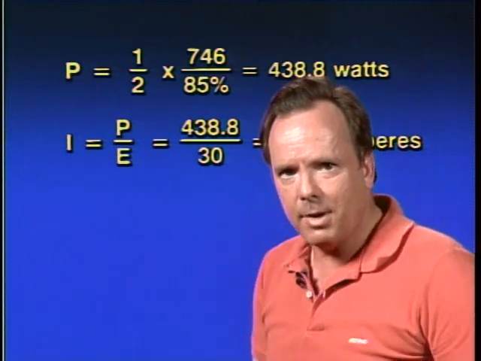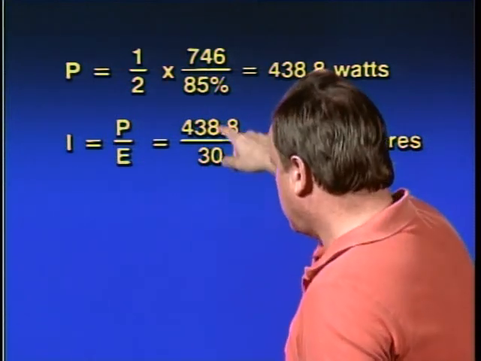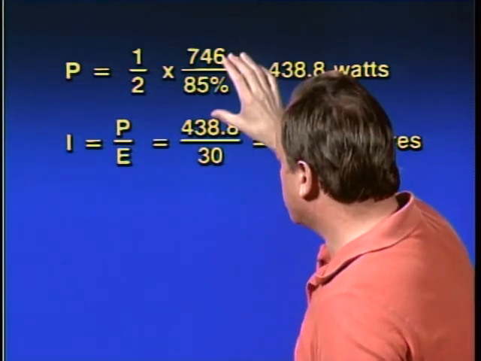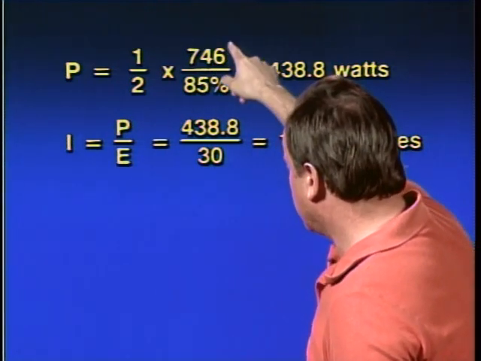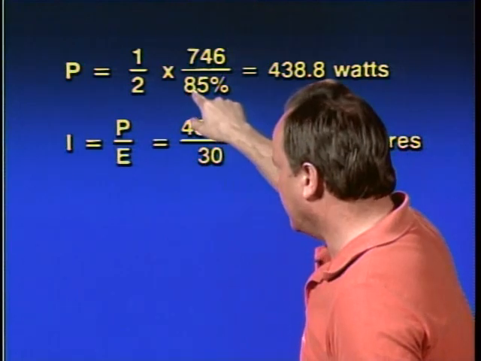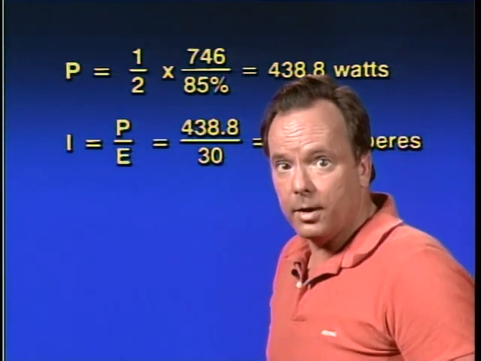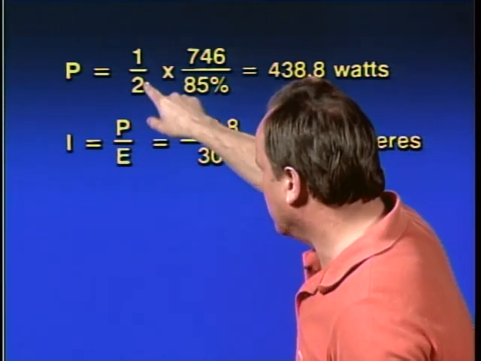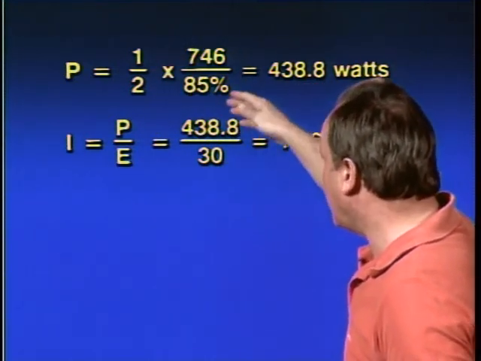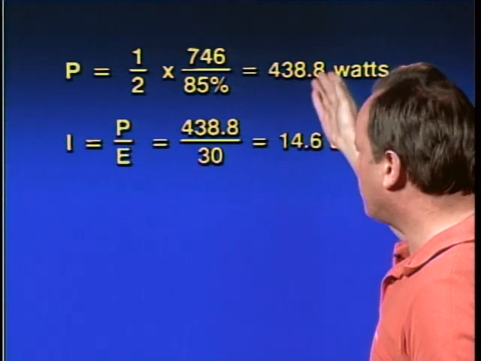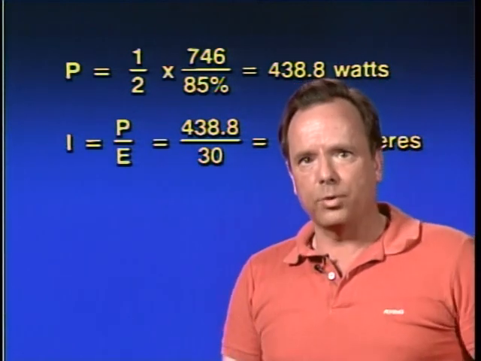You do not need to memorize that. Don't worry about that. And it's 85% efficient, so to produce 1 horsepower at 85% efficiency, it would be 746 divided by 0.85. We only want to produce 1/2 horsepower, so we multiply that times 1/2. So it's 1/2 times 746 divided by 0.85, and it's 438.8 watts for this motor.